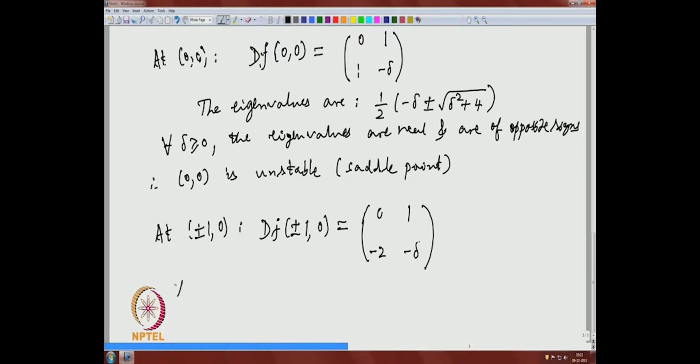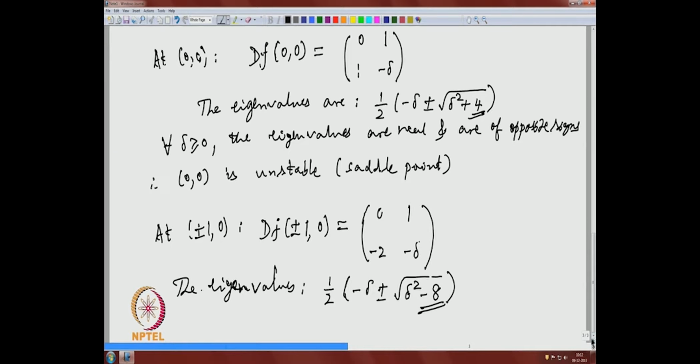The eigenvalues here are easily computable for a 2 by 2 matrix. They are half of minus delta plus or minus square root of delta square minus 8. In the case of (0, 0) it is plus 4 and here it is minus 8, and that makes the difference.